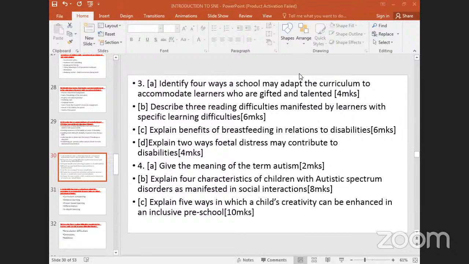Number one, I think it is the combination of letters or vowels. I've been told to describe.